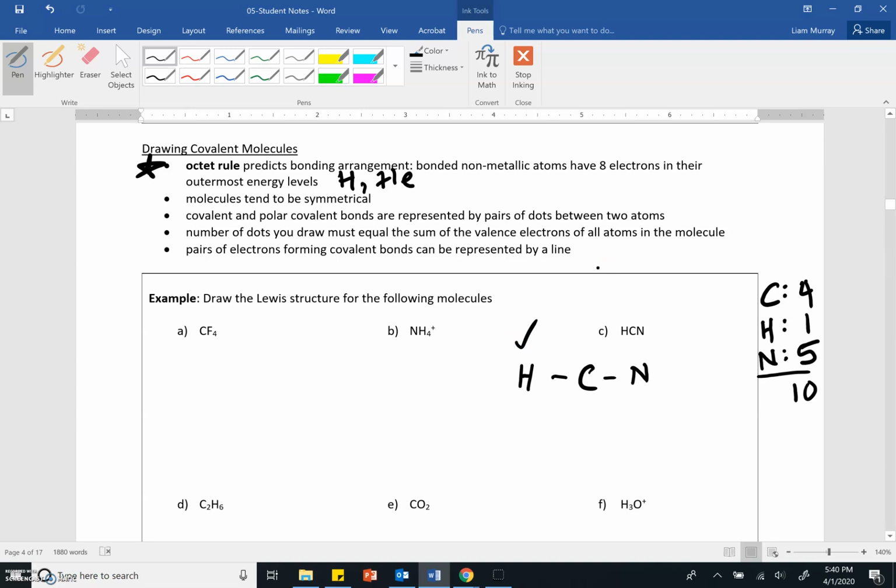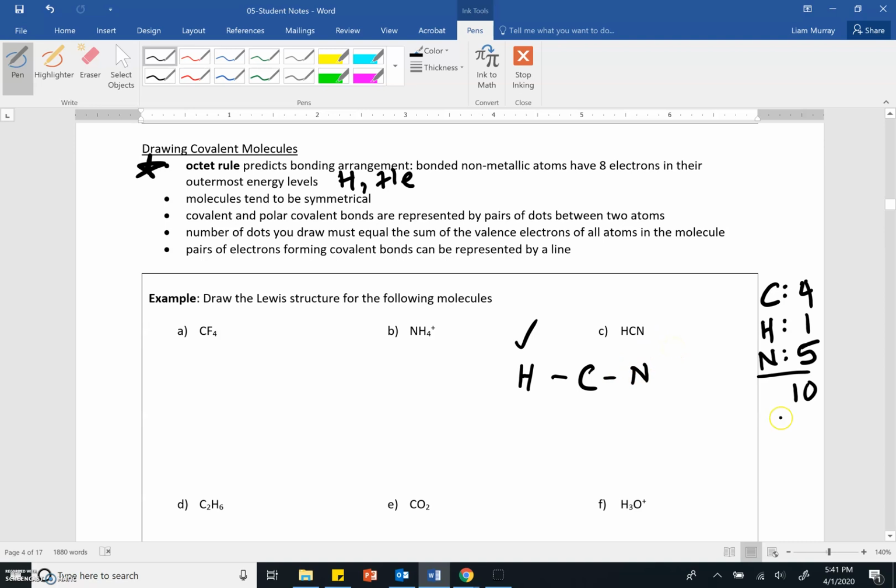Right now, we know that carbon has 2 more binding sites, so it's still not happy. It's got 4 valence electrons, and right now nitrogen only has 2.